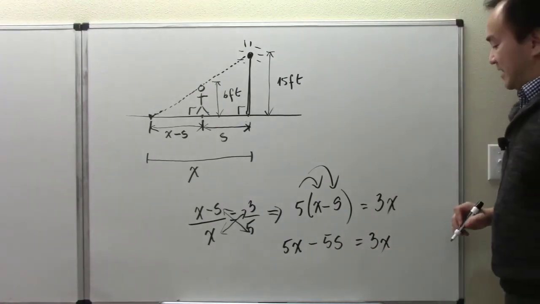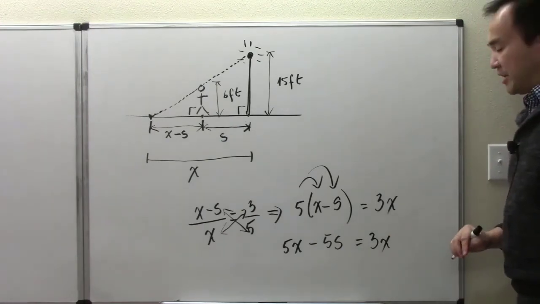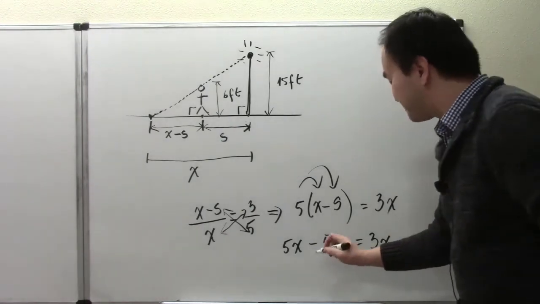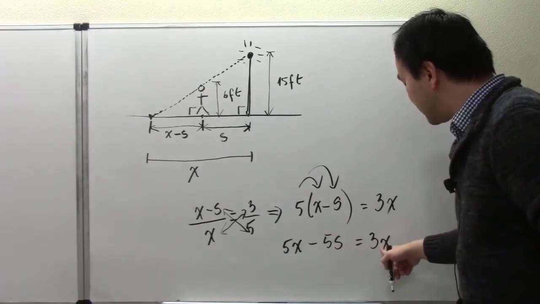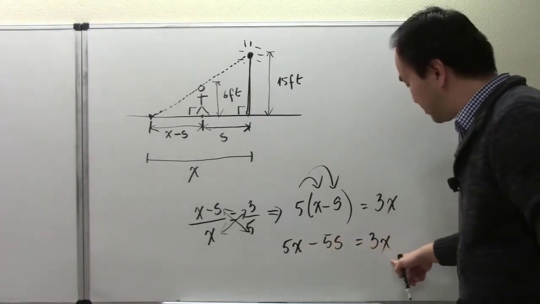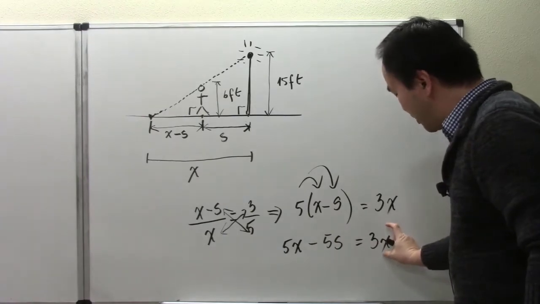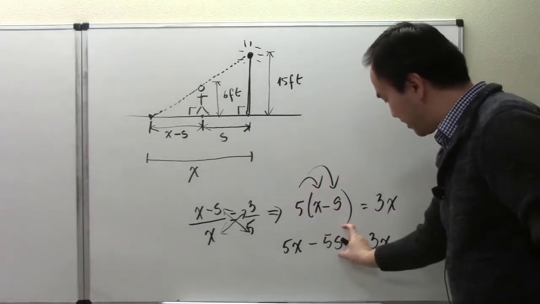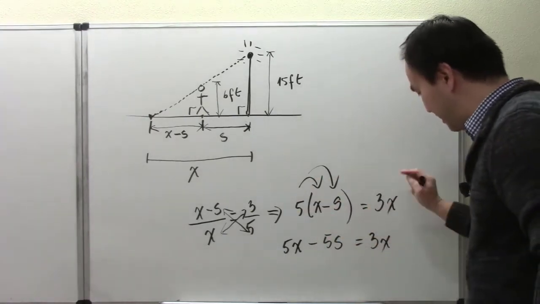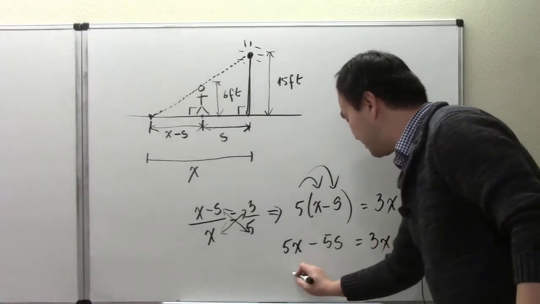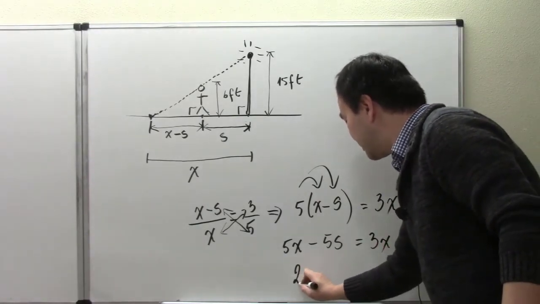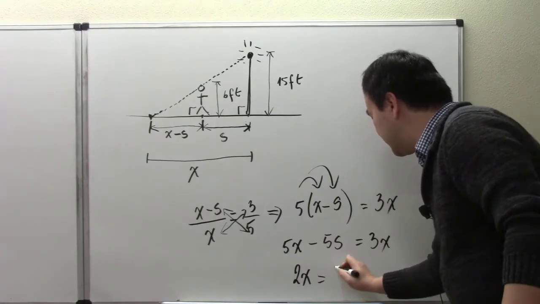Now from this equation, I am going to move one more step so that at least we have some like terms on the two sides of the equation. I am going to bring that x term to the other side and bring the 5s term to my right-hand side. So that means I'm going to produce 2x equals 5s.